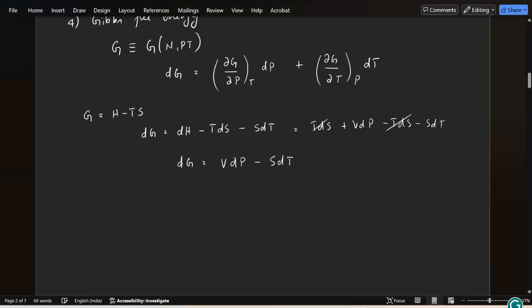So again, compare these two, we get certain quantities. Del G by del P at constant temperature is equal to volume. Del G by del T at constant pressure is equal to minus S. So these are the things that we have now.